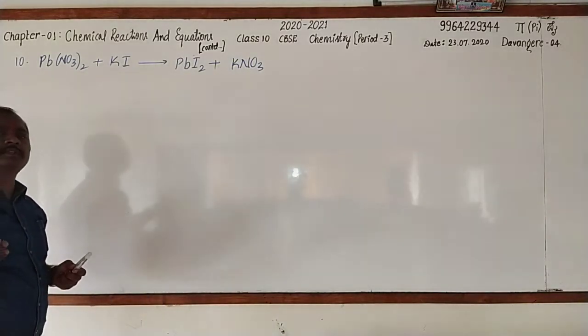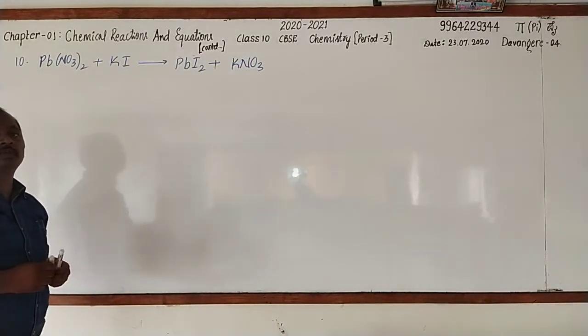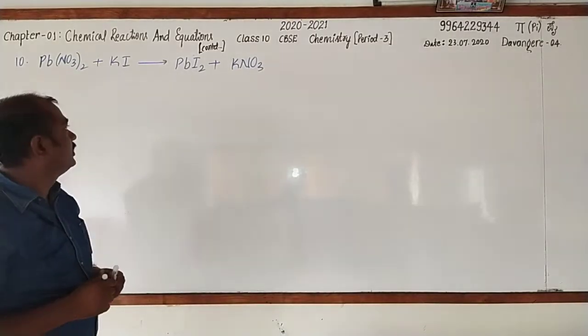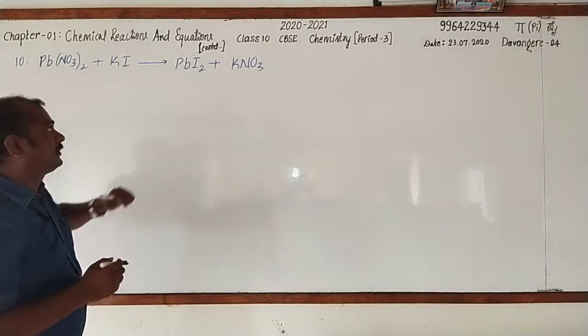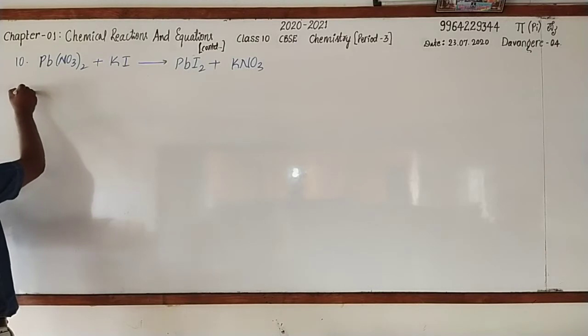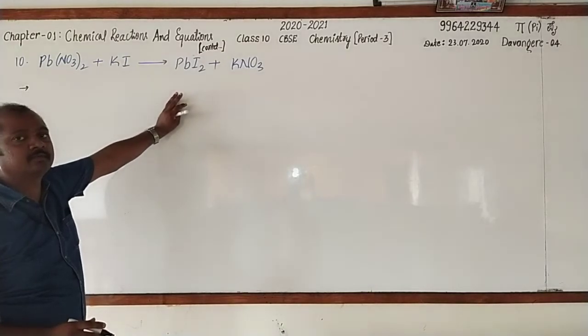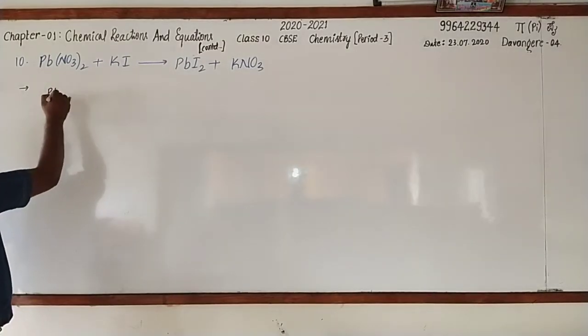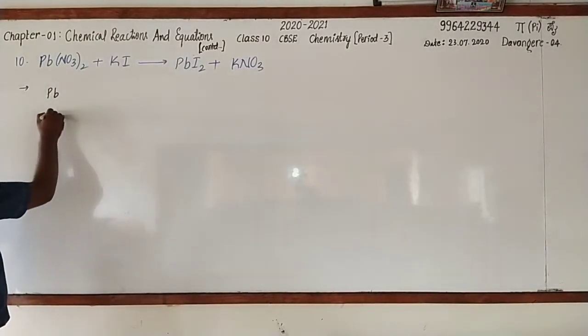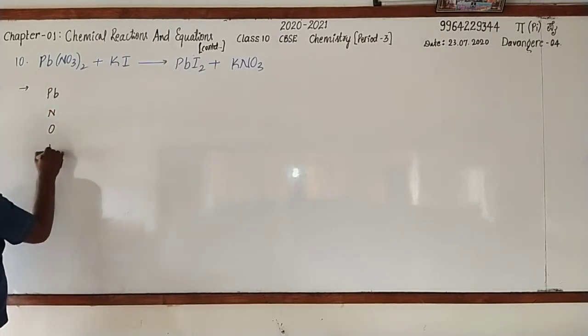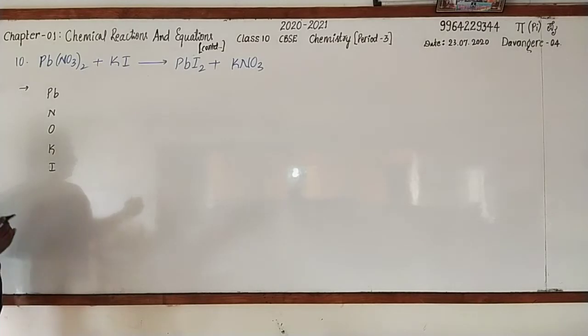Later we will discuss more information about that precipitate. Observe. Let us go for balancing it. Hence, I go for writing it as it is. Let us go for listing the number of atoms of each element. Lead, nitrogen, oxygen, potassium and iodine.